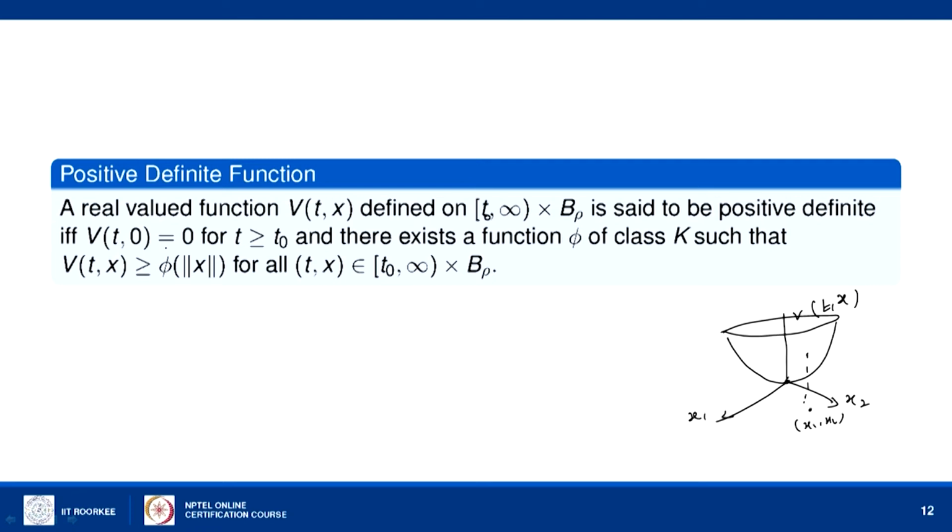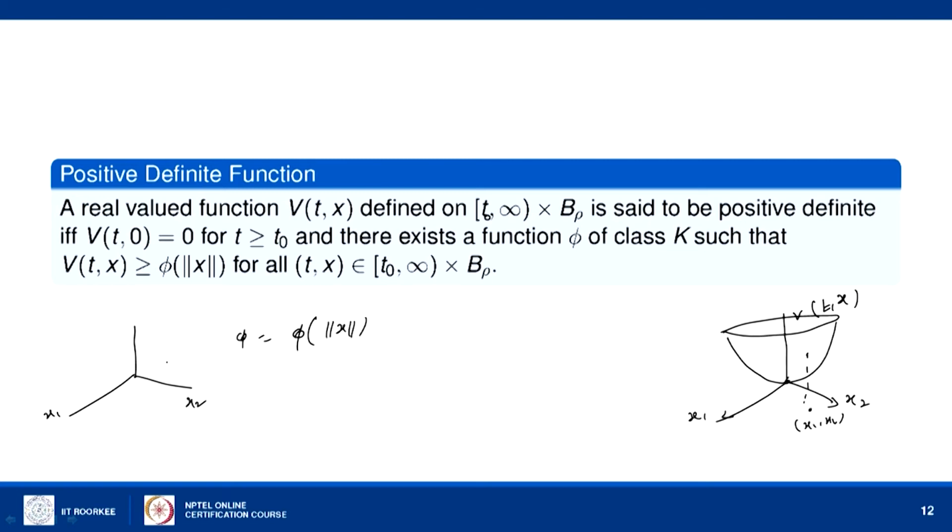Now, if it is positive definite function, then there will be a function of class k. We have seen function of class k in the previous lecture. So, if we plot the graph of this in two variables, phi of norm of x, this is the value of the function.